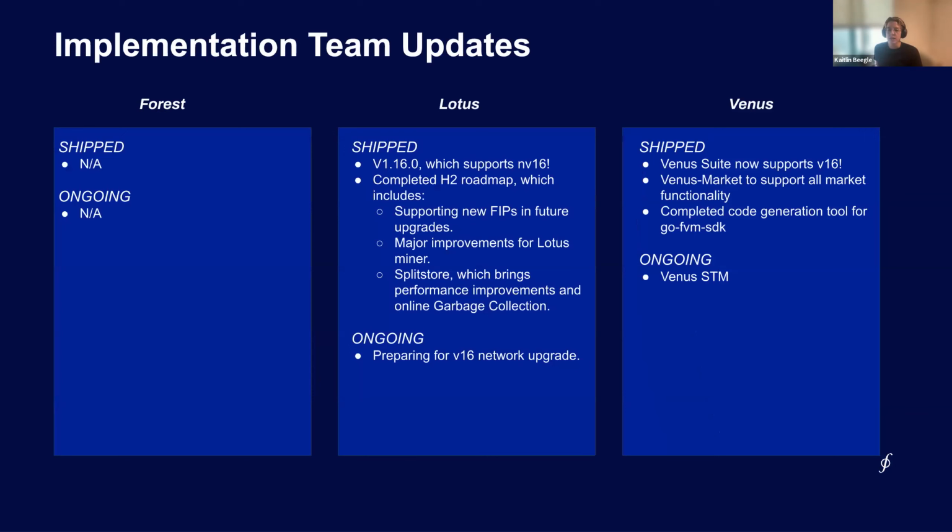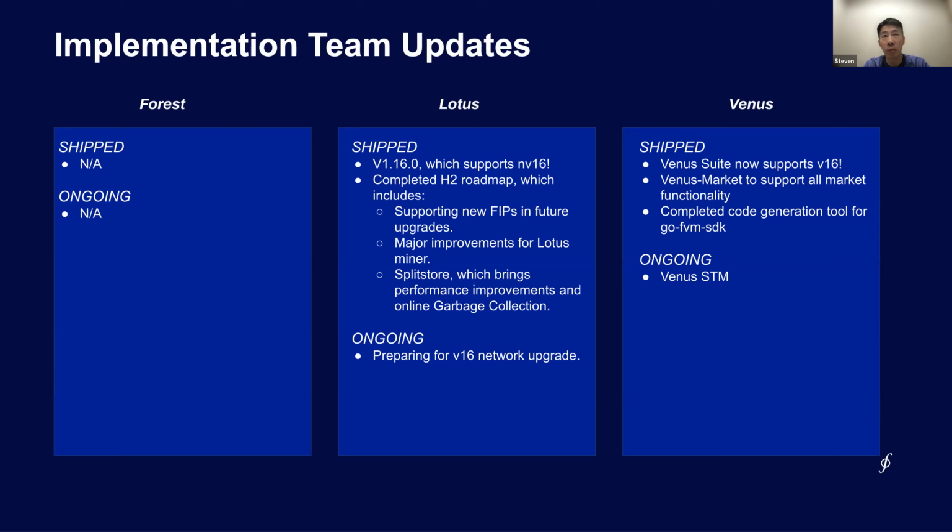So, Stephen, you want to kick us off and share Venus's updates with us? Yeah, sure. Venus team is working on network version 16. In a few weeks, actually, we have done the butterfly network testing and the calibration network testing, and now the Venus team has released one Venus suite, which includes all the components.